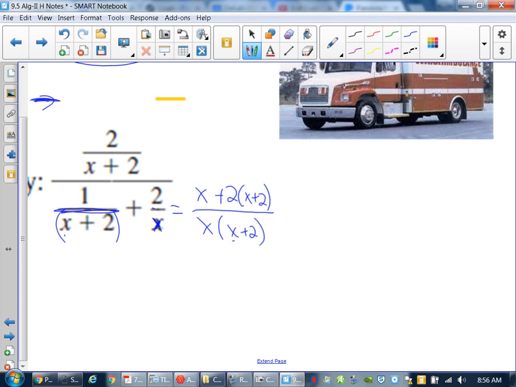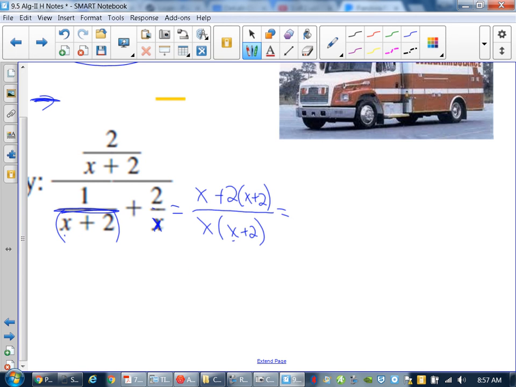Just like the idea of 1/3 plus 2/5. The common would have been 3 times 5. The fraction on the left needed a 5. The fraction on the right needed a 3. It's the exact same thing, but with monomials as opposed to integers. You do the same process. Okay?